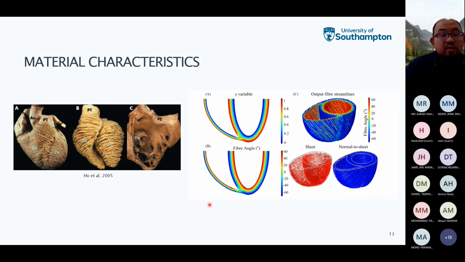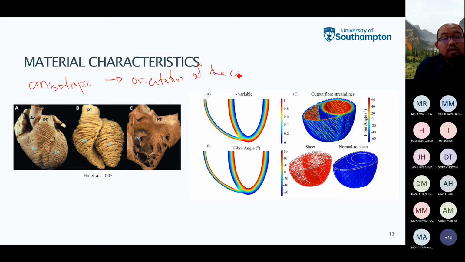And the second thing that you have to think about is the material characteristic within the heart. I mentioned earlier that the heart is an anisotropic material, and that is mostly due to the orientation of the cell. So we need a way to define the orientation of the cell.